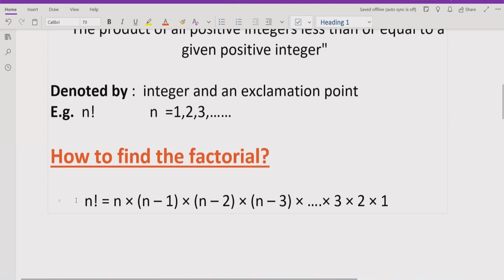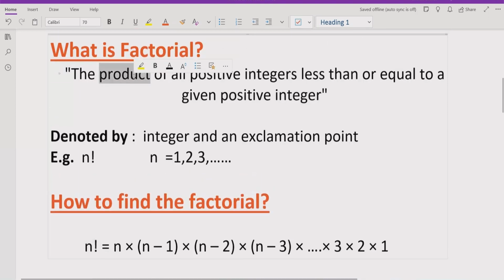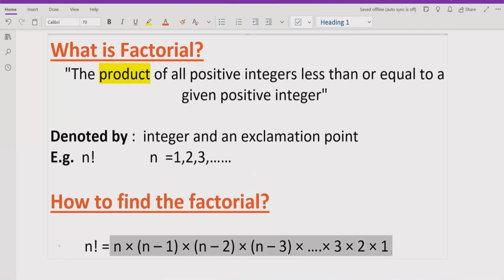Now, how to find the factorial? As you can see on the screen, if you have n factorial, you have to multiply, just as the definition shows, the product of all positive integers less than or equal to a given integer. So let's suppose we have n factorial. We will multiply each number which is less than or equal to that number.